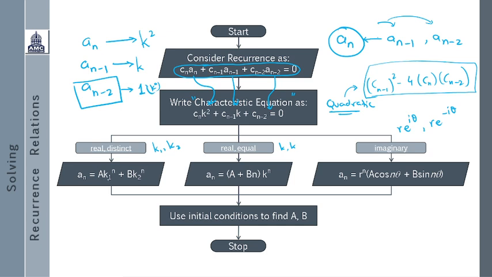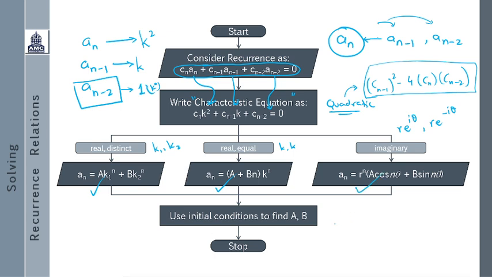If the roots are real and distinct, we take the first case. If there is only one root which is repeated, we take the second case. And if the roots are complex, they will be conjugate, of course, because the values of c_{n-1} and c_{n-2} are constant numbers. In that case, we shall get the values to be imaginary, and this is the relation.